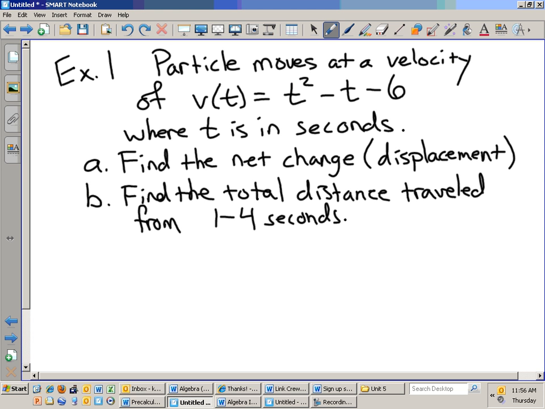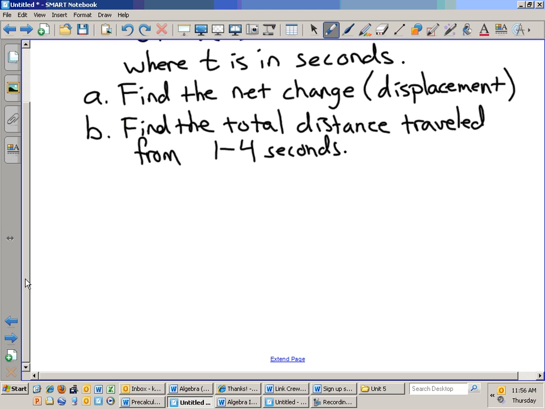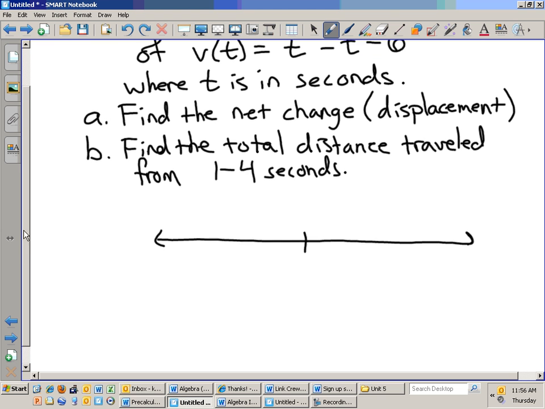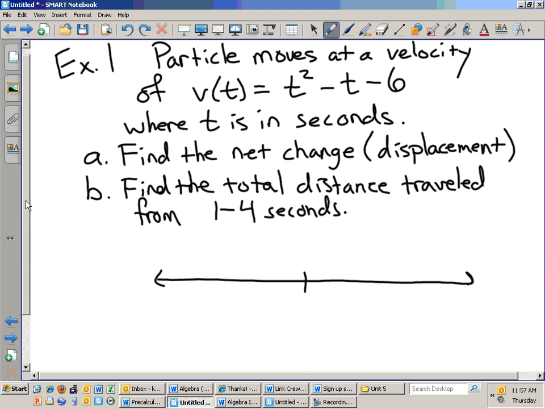So let's just gather our bearings about the problem initially. We have a particle that's simply moving along a line somewhere. If I plug in time 0, what's my velocity going to be?